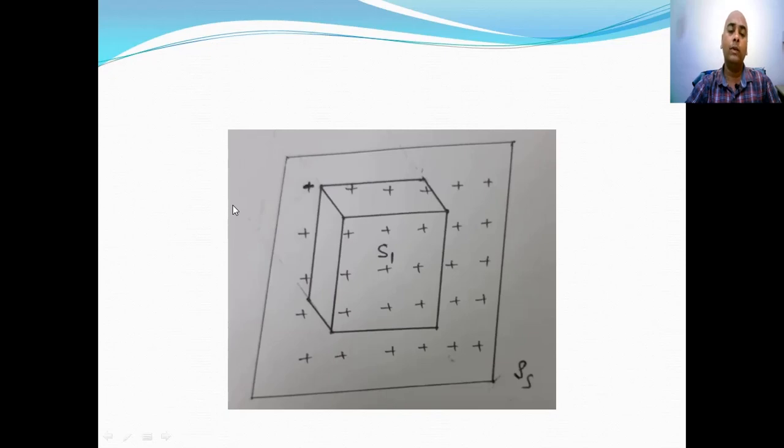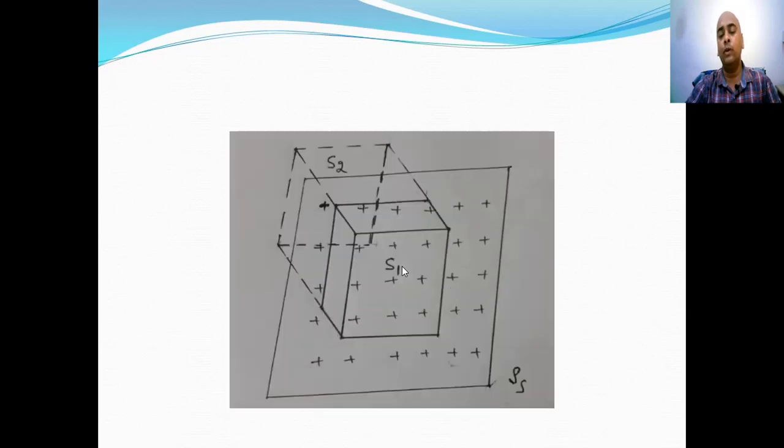So in order to consider the whole flux emitted by the sheet in the positive direction as well as in the negative direction, we need to consider another Gaussian surface exactly below the sheet of the same dimensions as was considered above the sheet. So we can analyze that the flux will leave only from surface S1 and from surface S2.